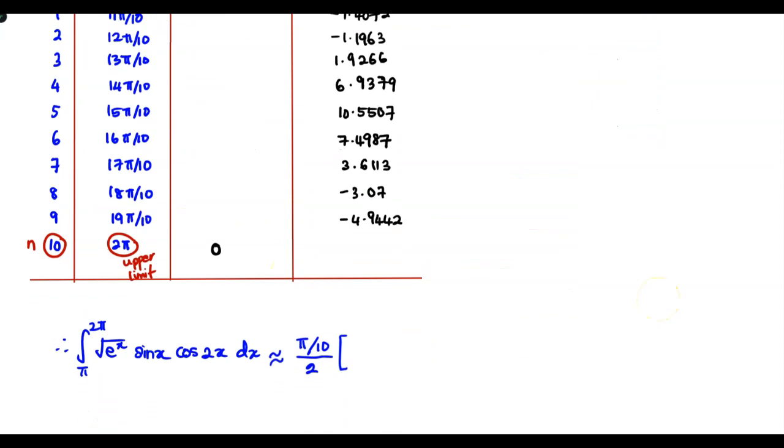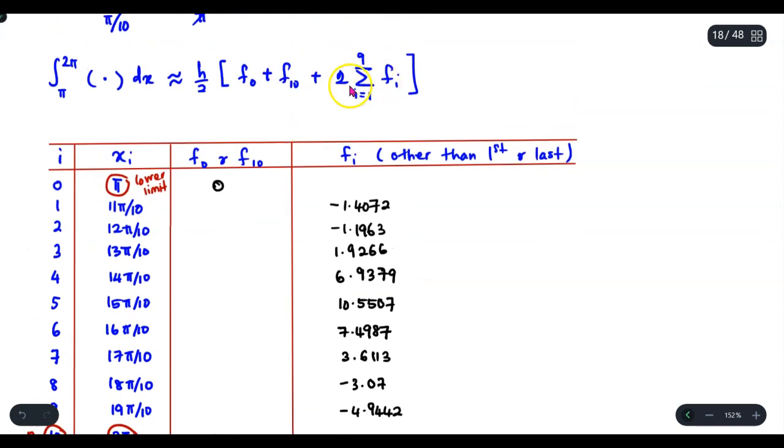So I would recommend for you to get the summation values here. So 0 plus 0, so the summation of this column is 0. It means that f naught and f10 here is straight away 0. Plus 2 times the summation of fi.